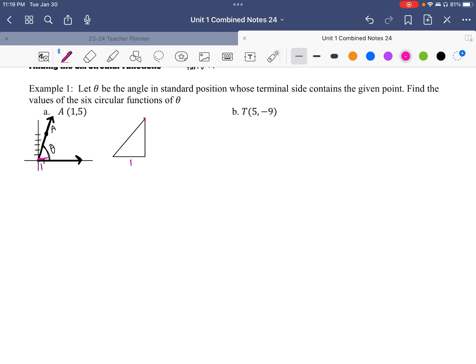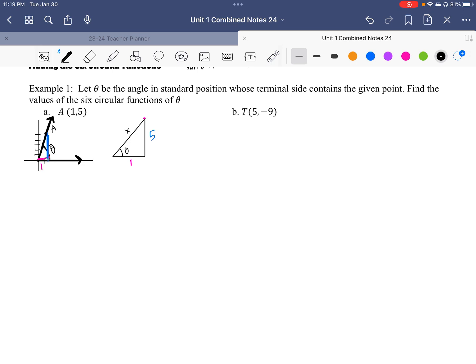And it clearly is. And then this length has to be 5. Now, things we don't know: theta, and we do not know our hypotenuse. I'm going to go ahead and call it x, if that's okay.